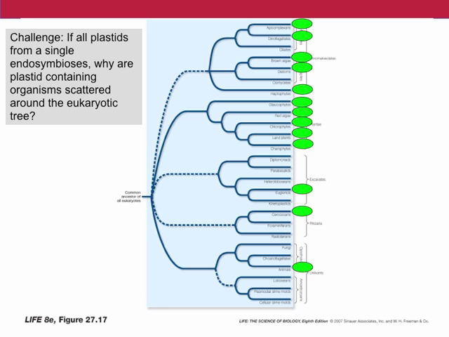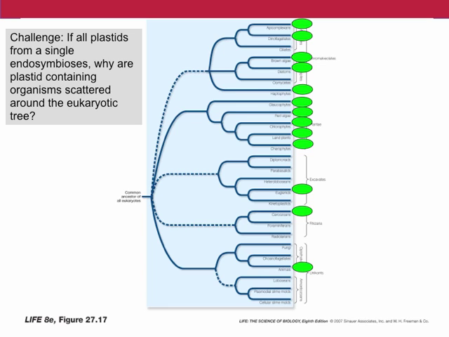So if we look at the eukaryotic tree with these 5 major lineages of eukaryotes and all the different sublineages of eukaryotes, and we splash onto that tree the presence of chloroplasts, I haven't labeled everything on this tree, this is sort of an example, we see that there are chloroplasts found in many of the different lineages of eukaryotes. So we can create a model to explain this.